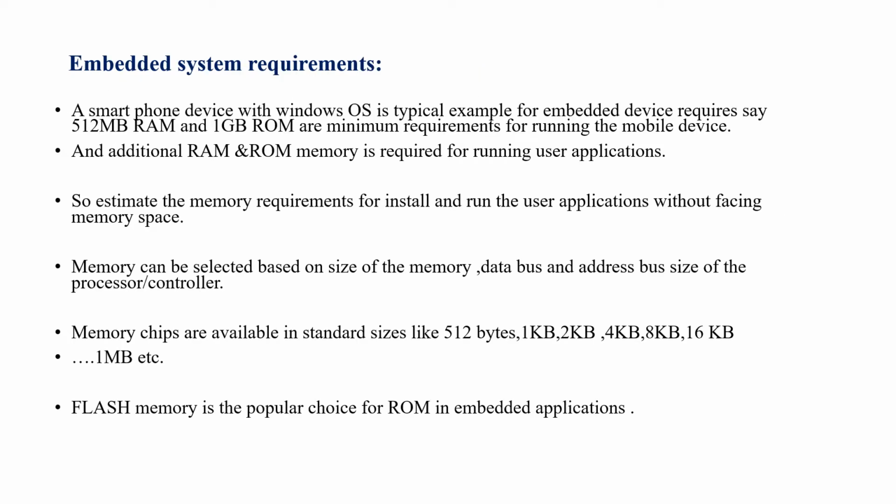Okay. Next is embedded, the same topic. So here we are using a smartphone device with Windows OS as an example of an embedded device. If you go to the specifications in the settings of your mobile, you will have the specifications of your device: RAM of this much, ROM of this much, whether it is Android or not, what type of processor it is, everything.